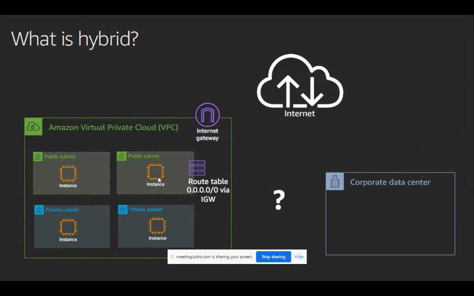So what is hybrid? Hybrid, as we know, means cross connectivity, especially if we have infrastructure on AWS and a corporate data center. We want to connect both together: our infrastructure in the cloud and our corporate data center.